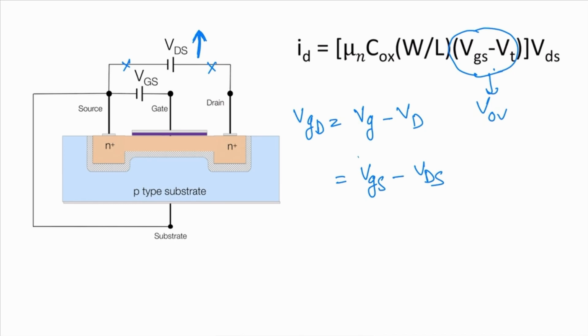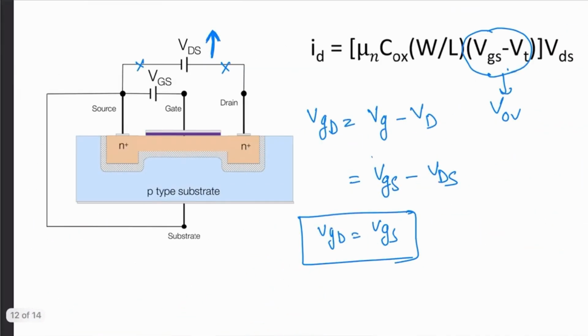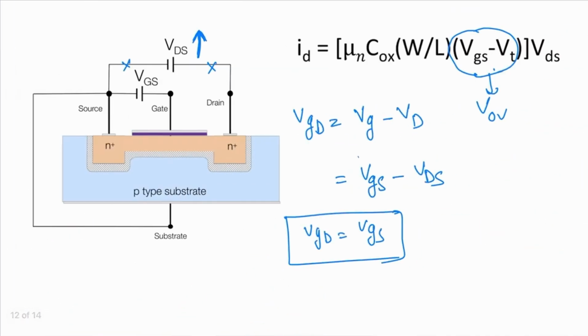Or we can say when VDS is small, VGD is equal to VGS. So when I calculated the current in my last video, at that time we considered VGD equal to VGS, as VDS is very small, so we can neglect that.